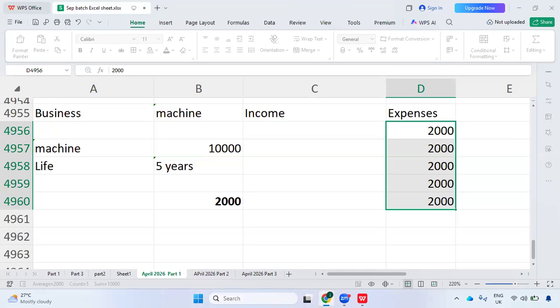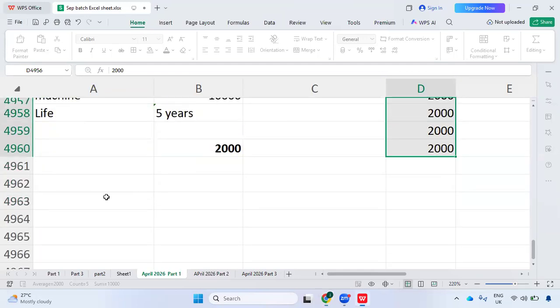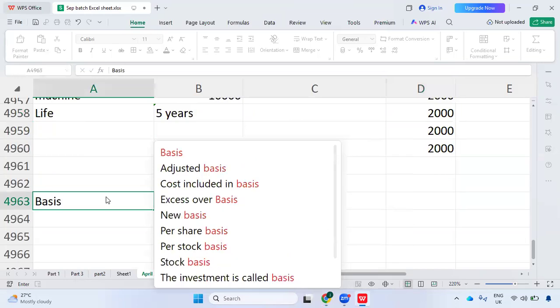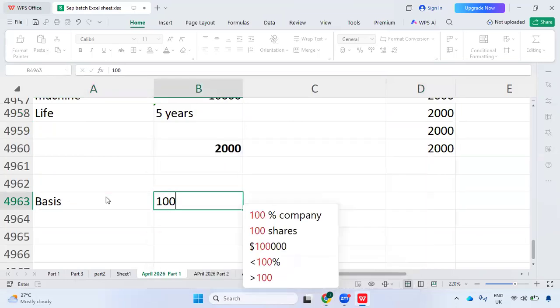Depreciation will reduce the basis. This is important. So how will it reduce the basis? We'll see one by one. So what is the basis amount here? The basis amount is $10,000.